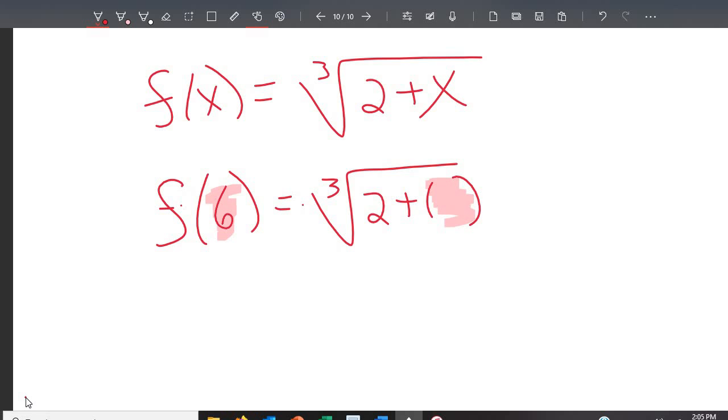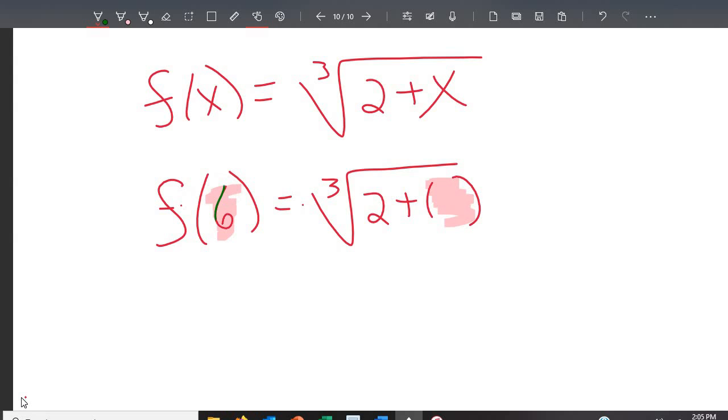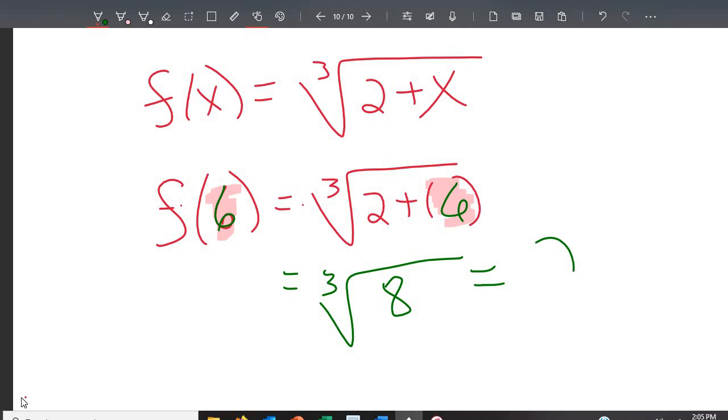So in the parentheses in this problem, we're going to put a 6. Now, we add the numbers underneath before we do anything. 2 plus 6 is 8. Then we take the cube root of 8, which we've already said was 2.